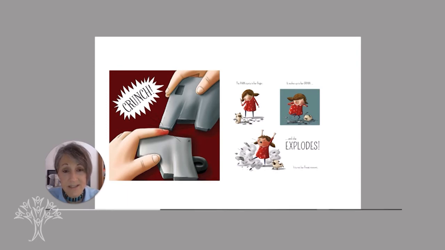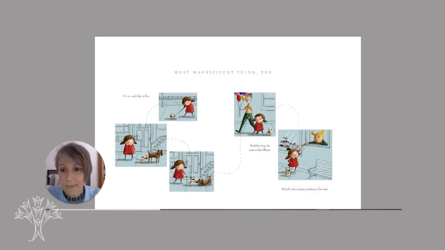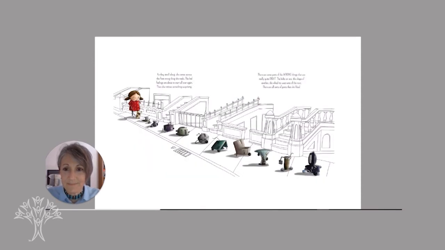Her assistant suggests that they go for a walk. It's not much help at first, but before long, she starts to feel different. Bit by bit, the mad gets pushed out of her head. As they stroll along, she comes across the first wrong thing she made. The bad feelings are about to start all over again.